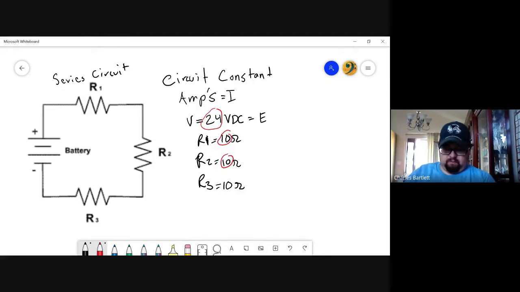So the circuit constant amperage is what we're going to try to find. And the way we do that is we need to find RT. And like I said, I made it easy because in a series circuit, resistance just adds up.